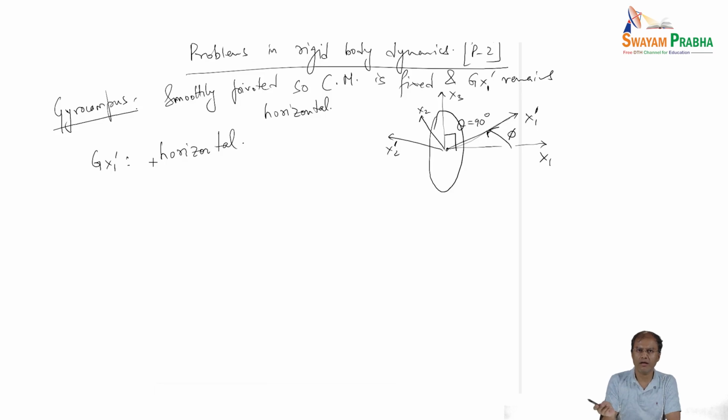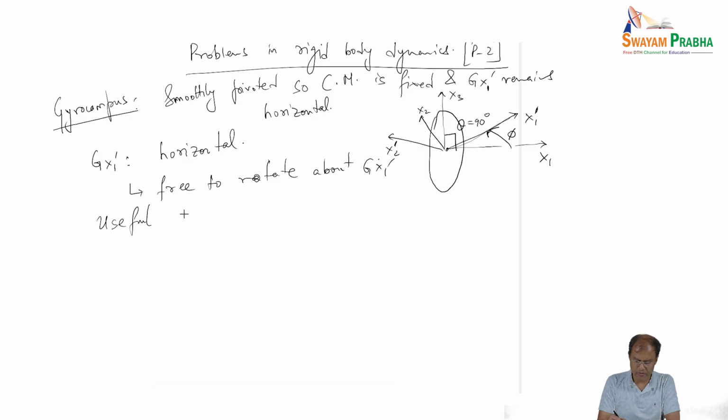Depending on the conditions, it is going to rotate about the horizontal. This is useful in navigation. So this is typically a navigation device, useful in navigation.